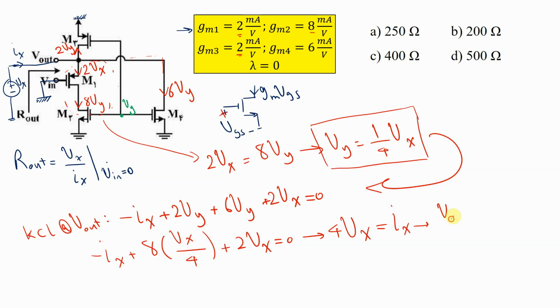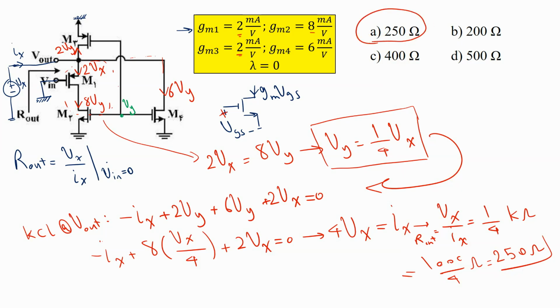So here Vx divided by Ix, which is our Rout, is 1 divided by 4. But what is the unit for this Rout? Because gm is in milliamperes per volt, this Rout has to be in kilo ohms. So 1 divided by 4 kilo ohm equals 1000 divided by 4 ohm, which is equal to 250 ohm. So the right answer is option A.